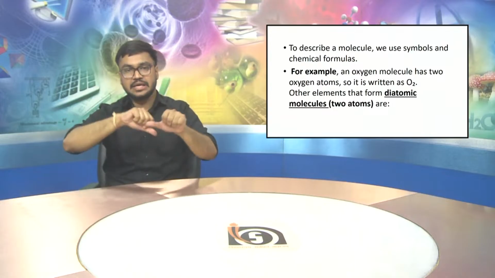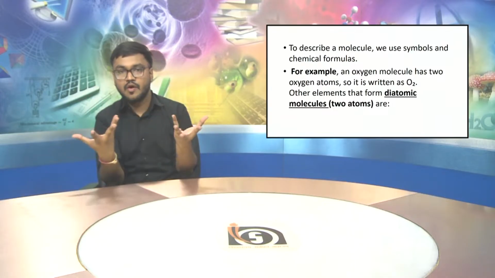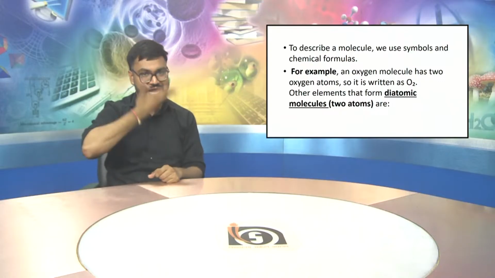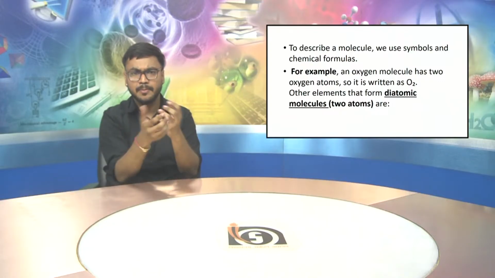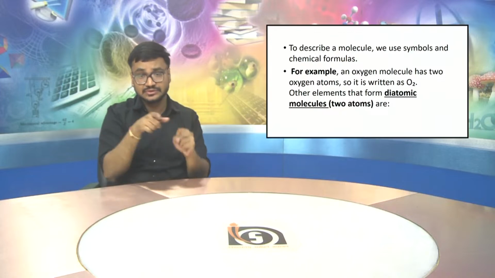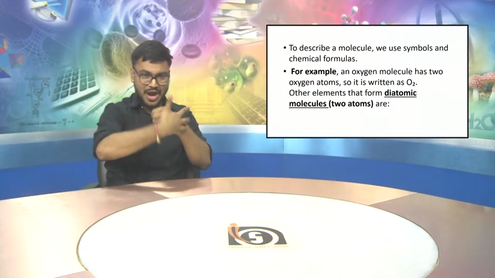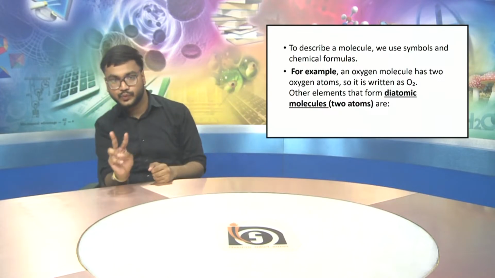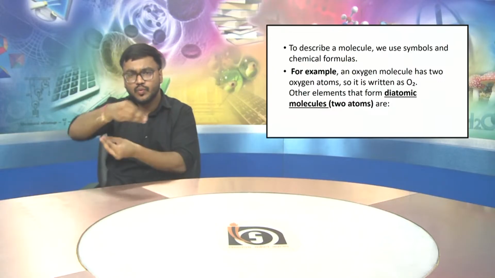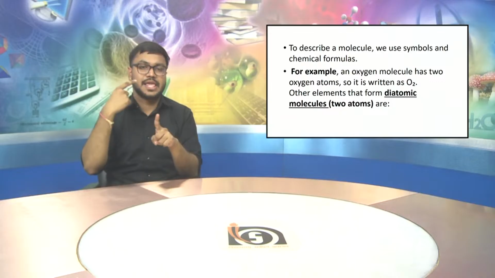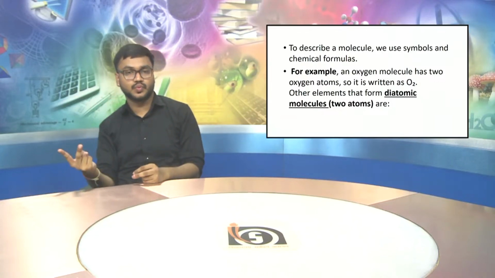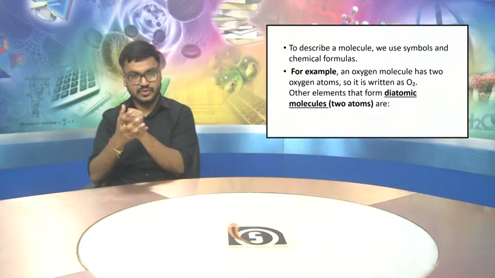To describe a molecule, we use symbols and chemical formulas. For example, one oxygen molecule has 2 oxygen atoms, so it is written as O2. Other elements form diatomic molecules, which include 2 atoms.